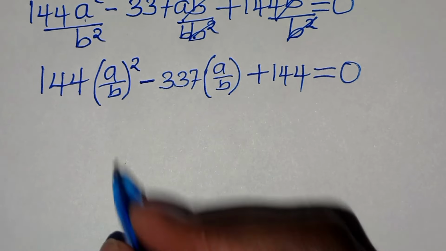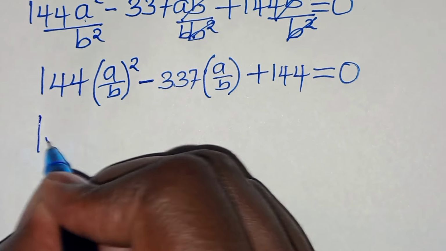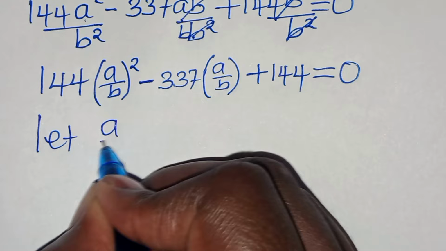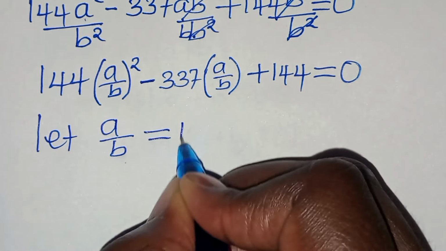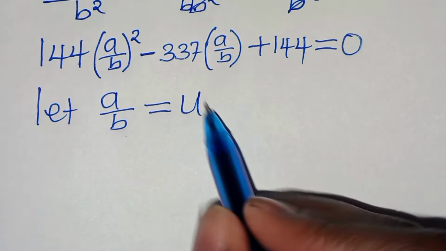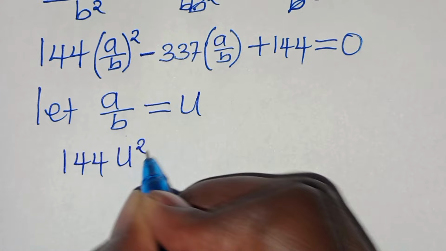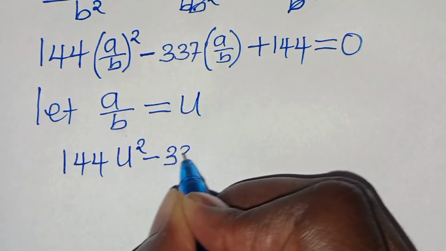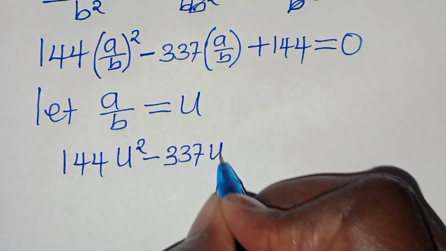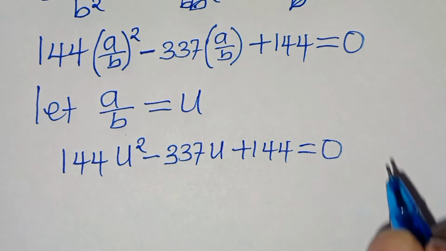Now, the next step from here, we have a over b and a over b here. So we can let a over b be equal to u. So let's substitute a over b with u, so that we have 144 u squared, subtract 337u, then plus 144. This is equal to 0.